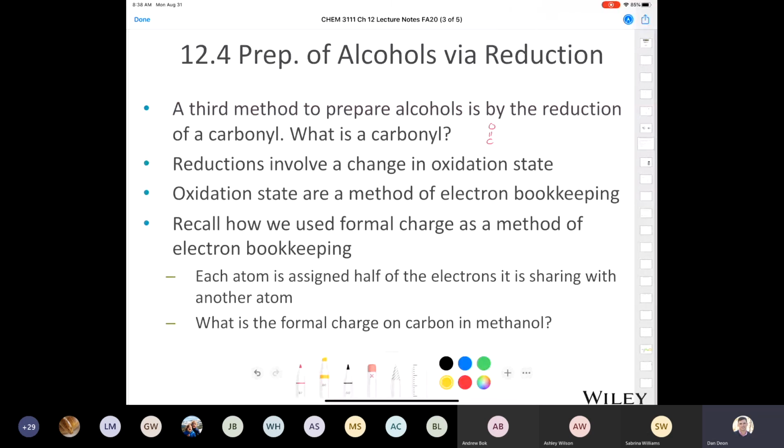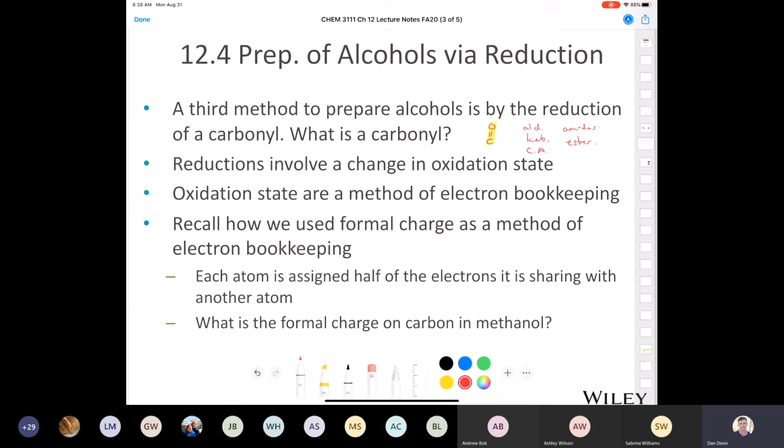Anytime you have a carbon doubly bound to an oxygen like that, that's a carbonyl. So we see carbonyls in things like aldehydes and ketones and carboxylic acids, and amides. We see carbonyls and esters in all kinds of different functional groups. But whenever you see a carbon doubly bound to an oxygen, we call that a carbonyl.